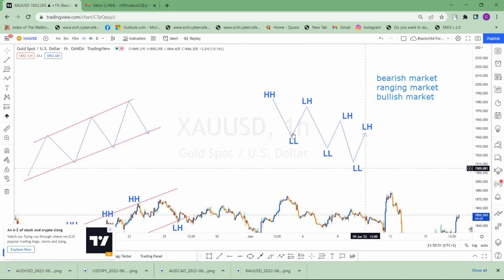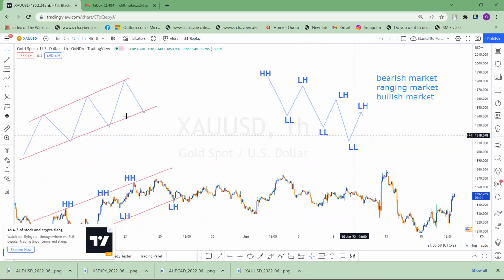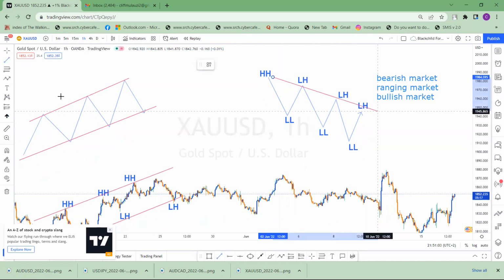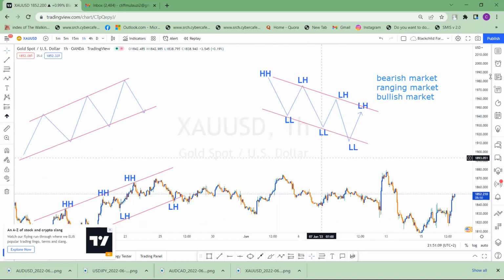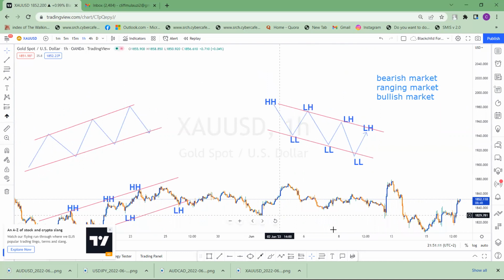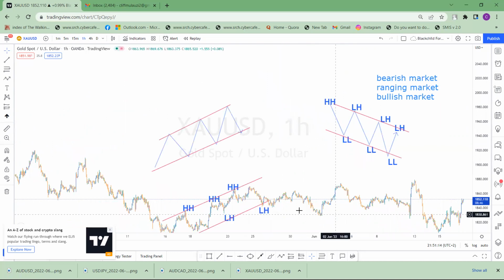Because this is the lowest price at this moment before the market came here, and this is the lowest price, this is the lowest price. And you can see that this market is pushing to the downside. It's telling us that the market is in a bearish trend, whereby it's pushing to the downside.